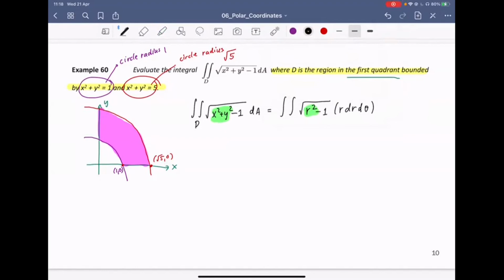Let's look at the boundary of r and the boundary of theta. So what is the boundary of r? r is going to start from the circle with radius 1 to the circle with radius square root 5. Does it make sense?